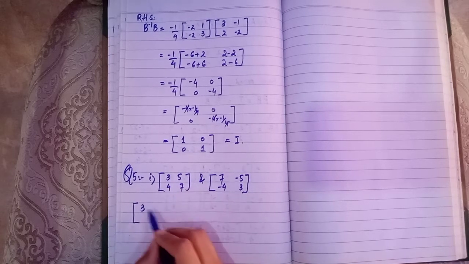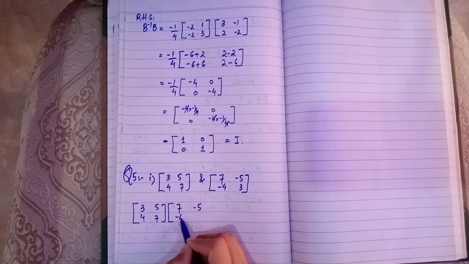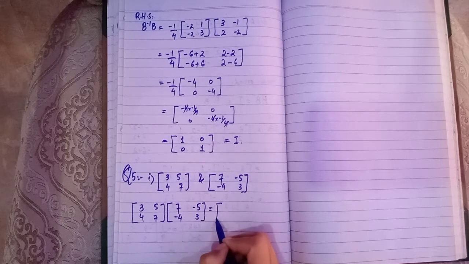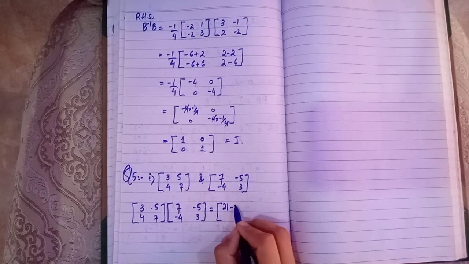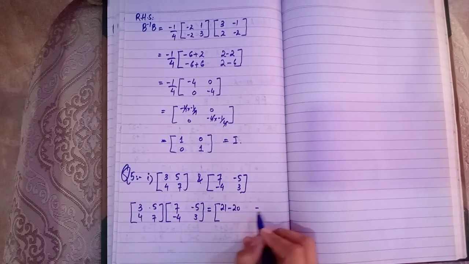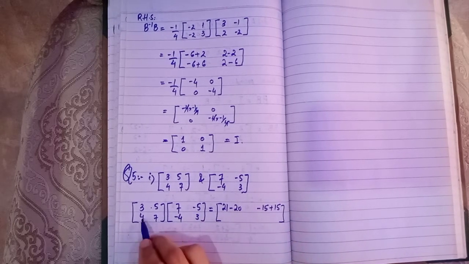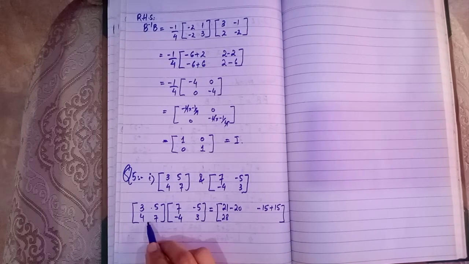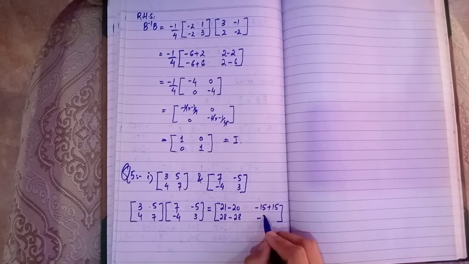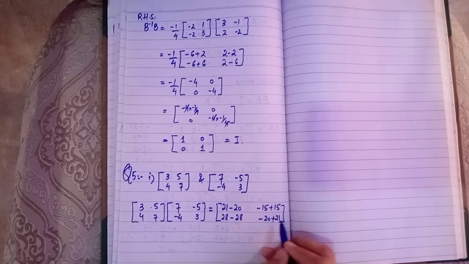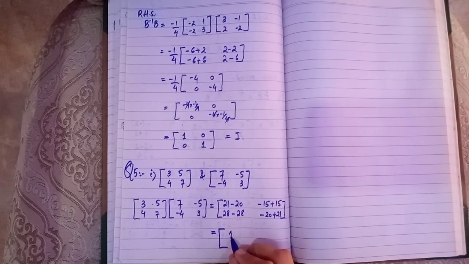3 is going to be multiplied with 7. Now I'm going to do it. 3 into 7, 7 3s are 21, plus minus minus, 5 4s are 20, plus minus again minus, and 5 3s are 15, plus 5 3s are 15 again. 4 7s are 28, minus 4 7s are 28 again, plus minus minus, 4 5s are 20, and plus 7 3s are 21. 21 minus 20 is 1.